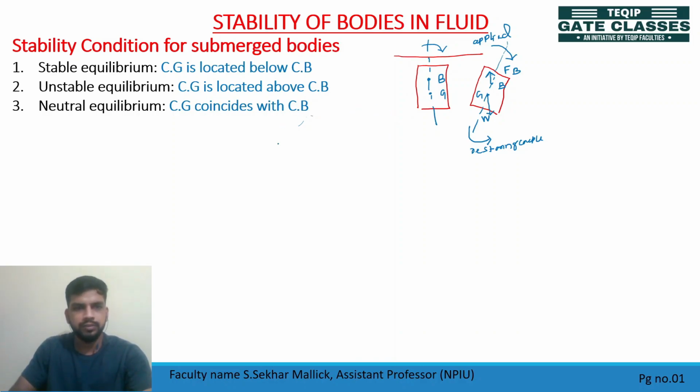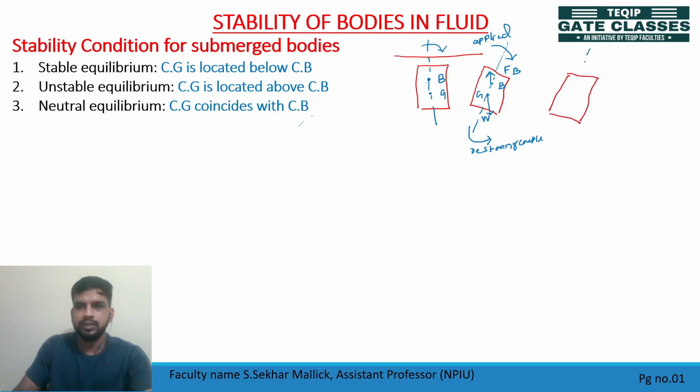If the body does not try to regain its original position and moves further, then the body is in unstable equilibrium. Suppose the center of buoyancy is below the center of gravity.